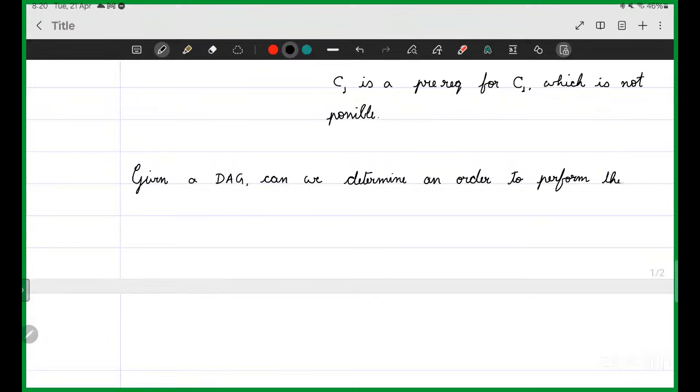What I want to say in terms of graph theory is: is there an order of vertices which we can go through such that if there is a vertex in the list, then there is no vertex coming into that vertex which appears after it? Which is the same as saying you can't do the prerequisite later. Prerequisite has to come to the left.